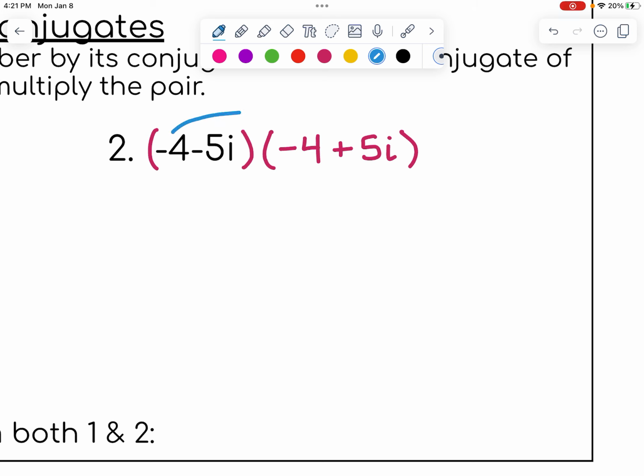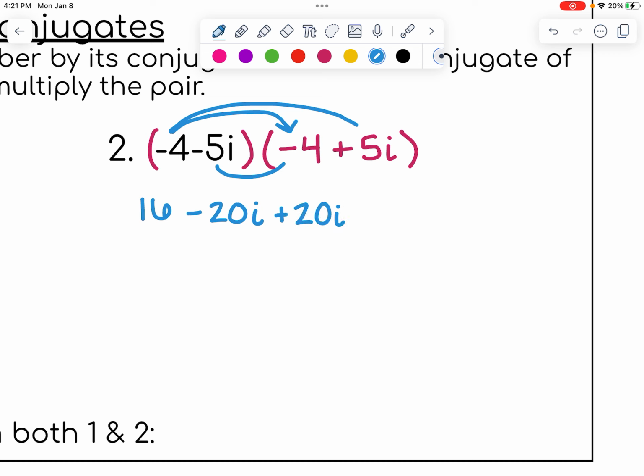So negative 4 times negative 4 is a positive 16. Negative 4 times 5i is negative 20i. Negative 5i times negative 4 is positive 20i. And negative 5i times positive 5i is a negative 25i squared.